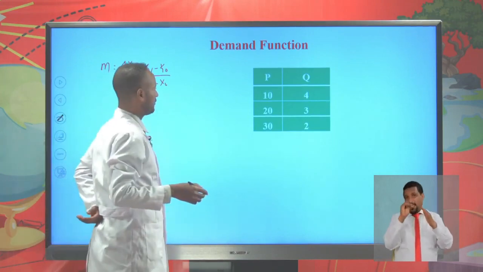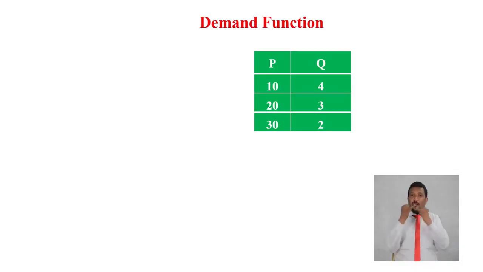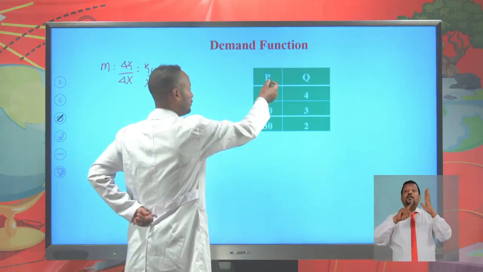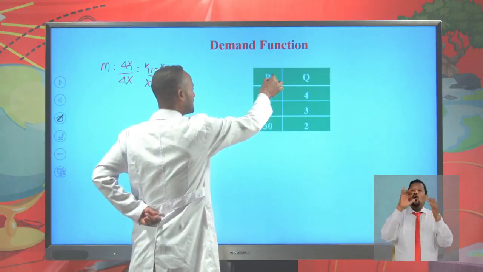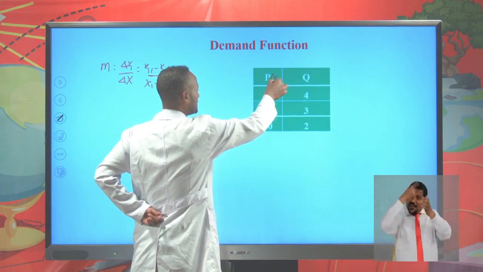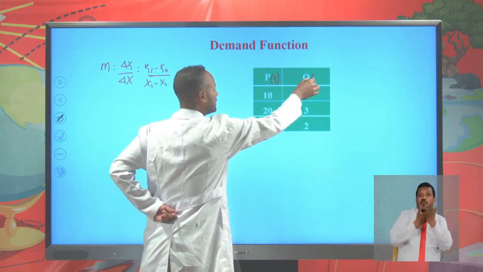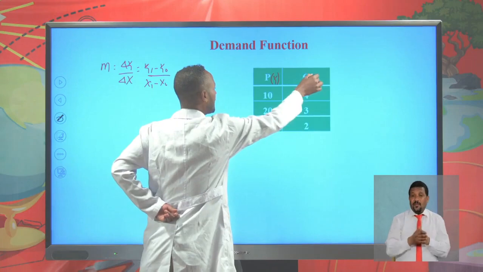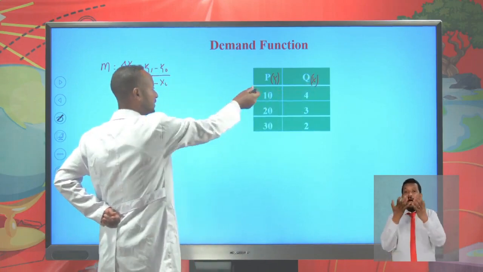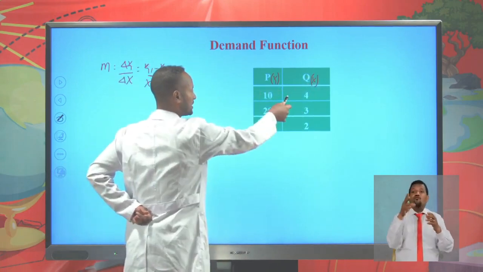Now from this information, by taking any two coordinates, we can calculate the slope of the demand function. While we plotted the demand curve, we represented the value of price on the y-axis and all the values of quantity demanded on the x-axis.